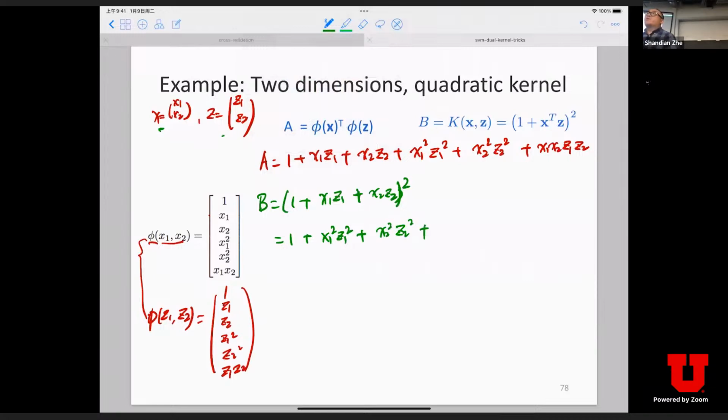Then we need to add the cross terms, and remember, we need to multiply by a factor of 2. So it's 2 times 1 times x1 z1, which is just 2 x1 z1, plus 2 times 1 times x2 z2. And finally, 2 times this term and this term, so it's 2 x1 x2 z1 z2. Any questions so far?